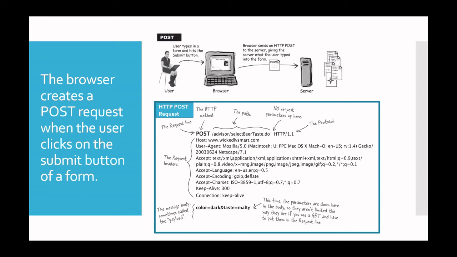You put the address and some information outside on the envelope, so these can be seen. But the actual information, the actual letter, is inside the envelope, so nobody can see it. So it's more secure. If you're sending a password or credit card information or something like that, you're going to have to send it with a POST request, and it can only be seen on the server. But if you have some information like color preferences or something that doesn't have any security issues, you can send it as a GET.